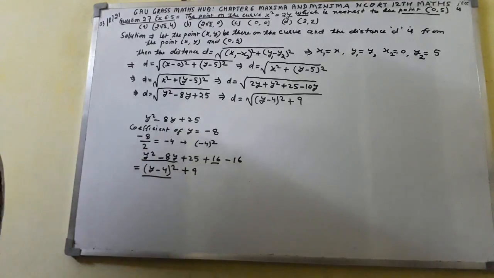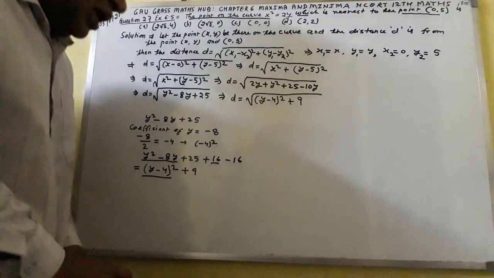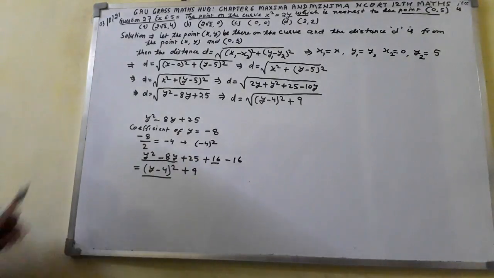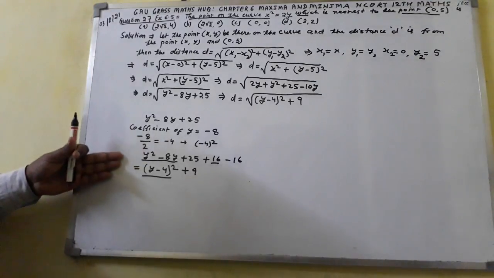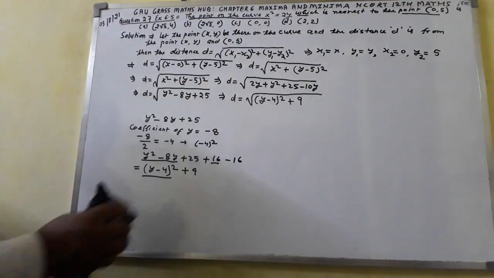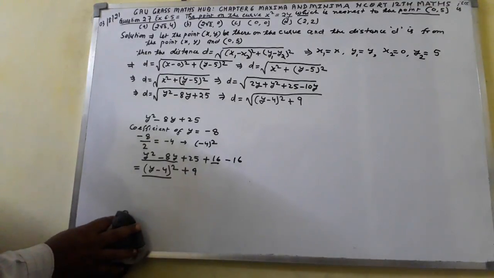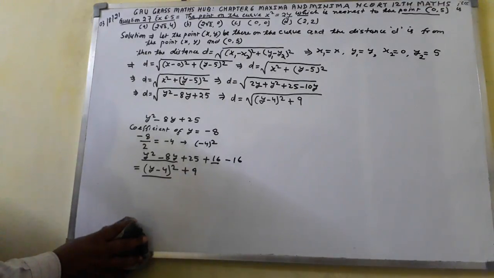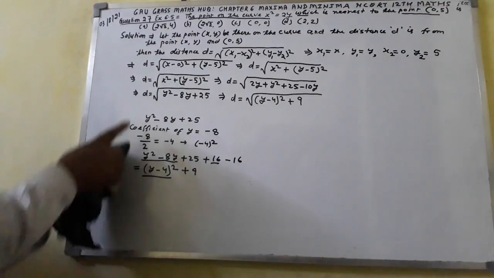This is the rough work. I am going to erase this one. Please note down in the rough work, it will be easier for you in order to solve this question. I think you have noted down in rough work. That's why I am going to erase this thing here.